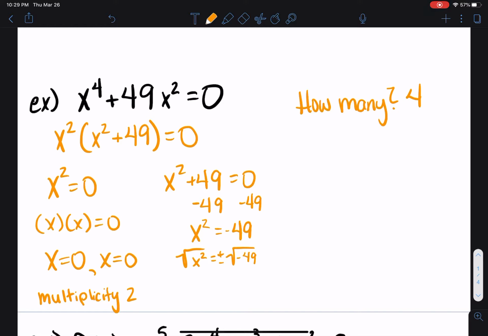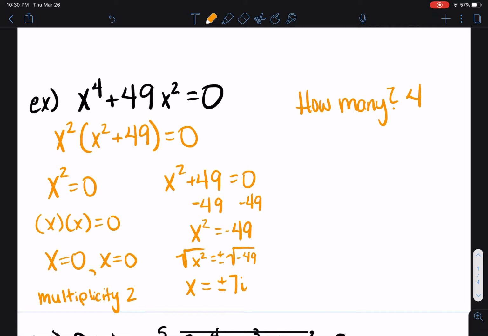The square root of x squared is just going to be x. So x equals plus or minus. Since this is a negative 49, we can take out an i, and the square root of 49 is 7. So my other set of roots is where x is equal to plus or minus 7i.